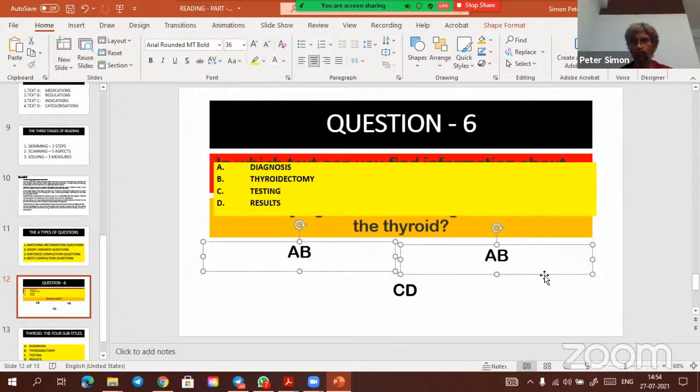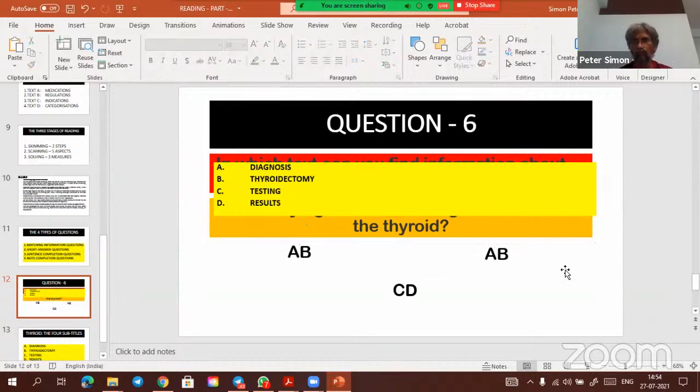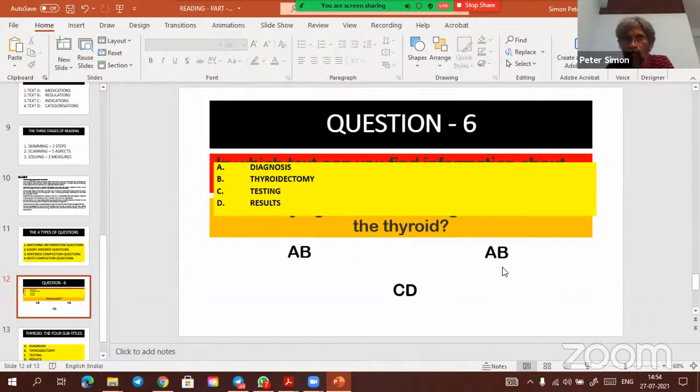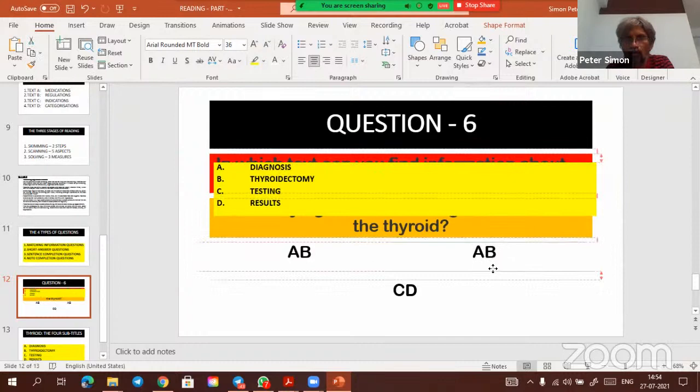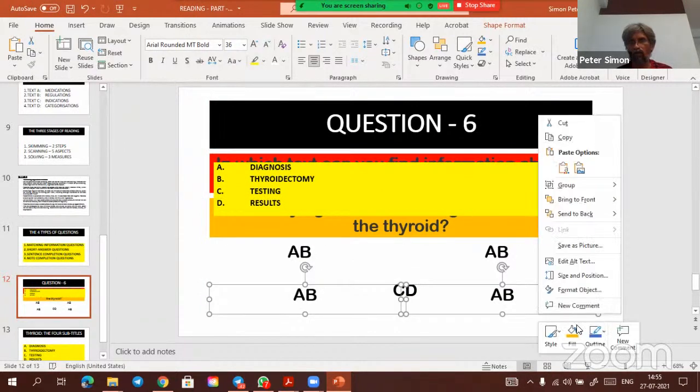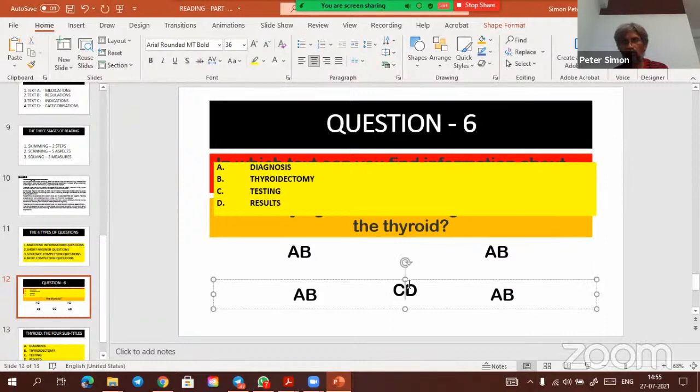Okay. Now it is okay. 1, 2. Fine. Control C, Control V. Send it to back. Now this one we can delete.